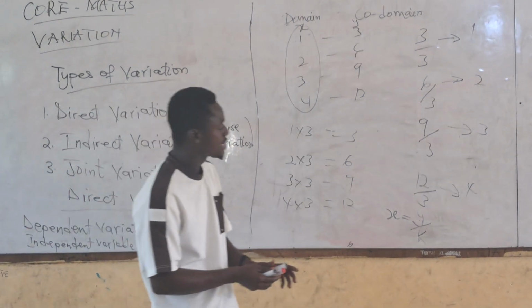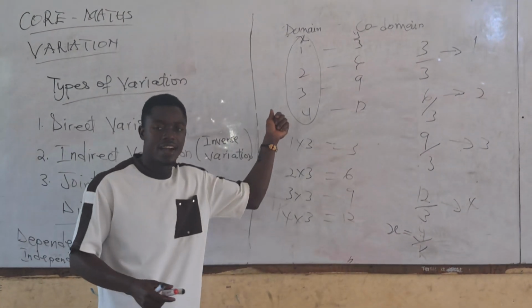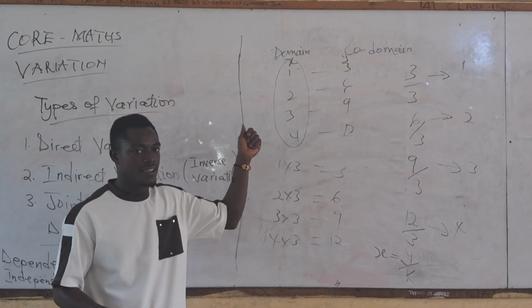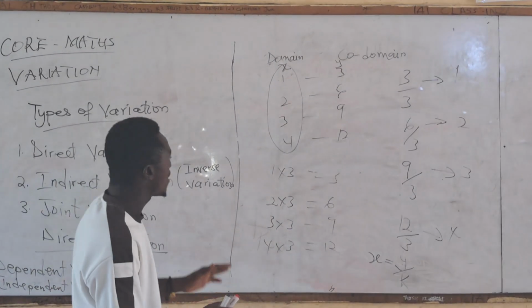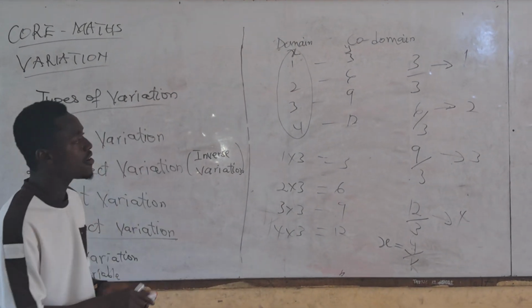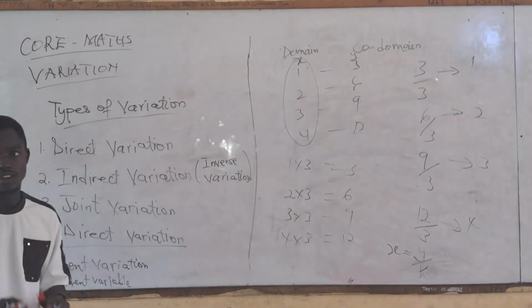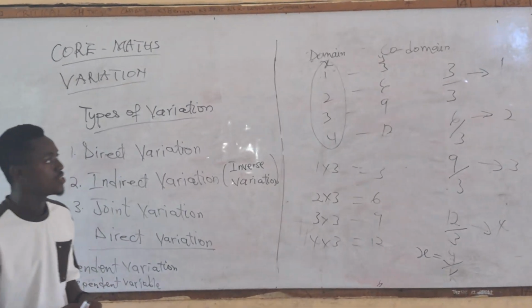So whenever you take y divided by the constant k, you get your x values. So this is the formula for direct variation. Now let's take an example question and solve for more understanding.